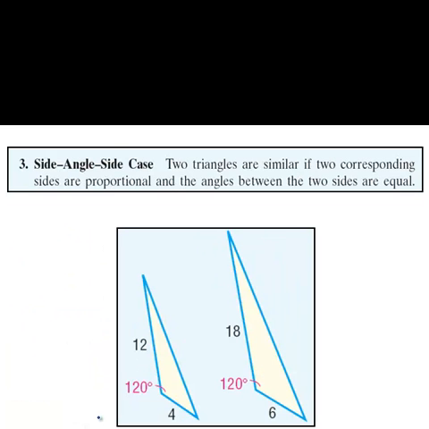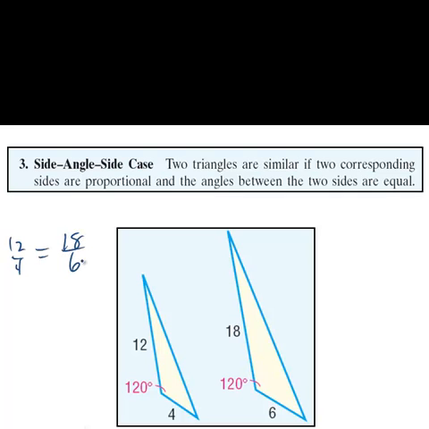Or if you've got side angle side that holds for the 2 triangles, where the 2 sides are proportional to each other, meaning you could write 12 is to 4, for example, is the same as 18 is to 6.